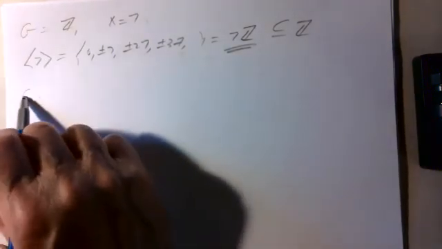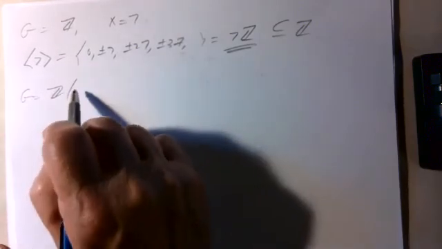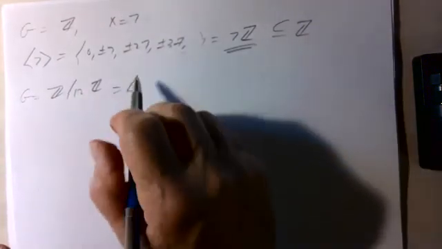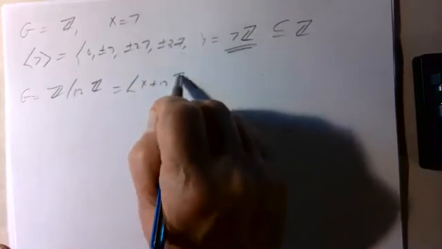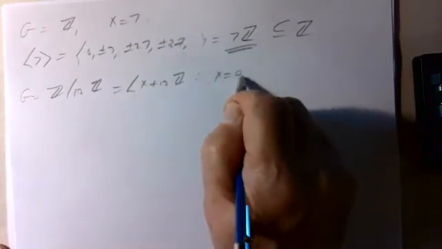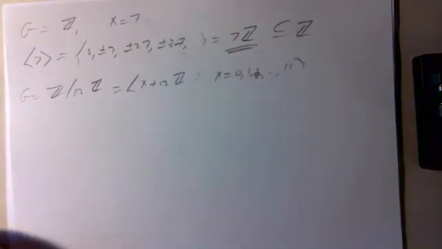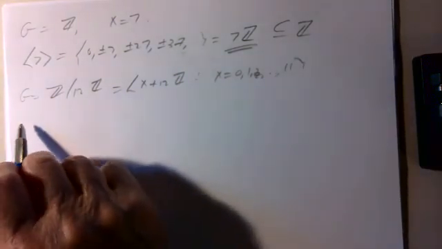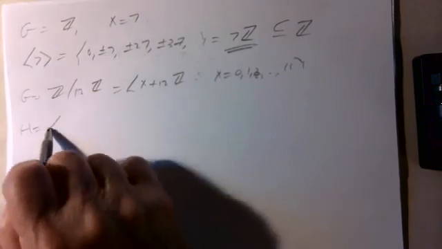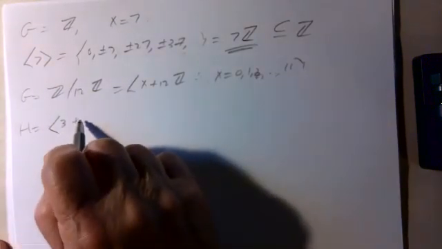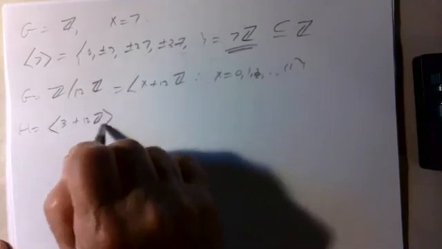Suppose I take G to be the integers mod 12. So this is the set of all congruence classes X plus 12Z. X is, say, an integer from 0 to 11. What is the subgroup generated by the congruence class 3 plus 12Z?